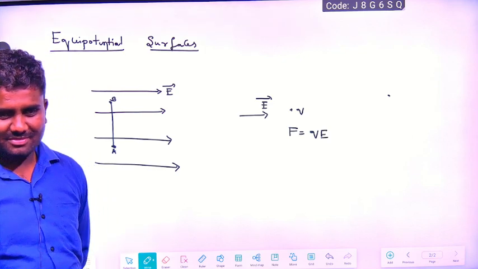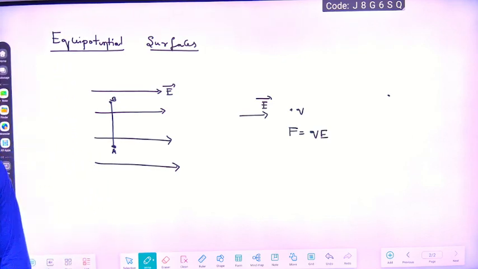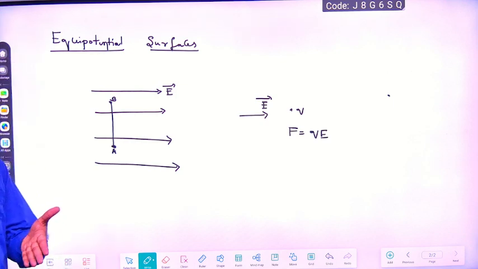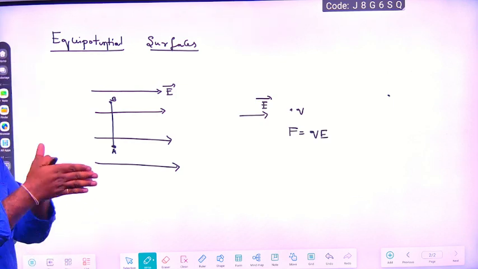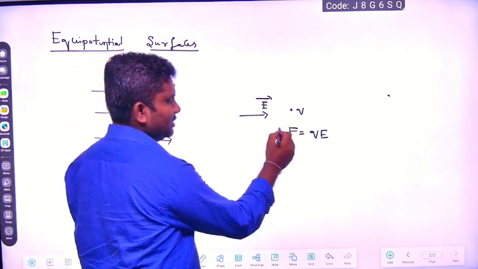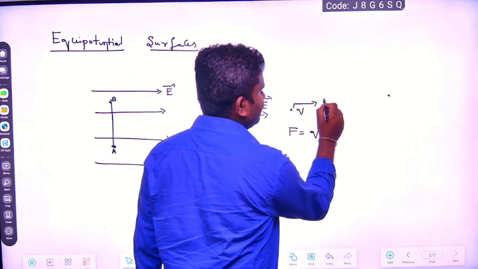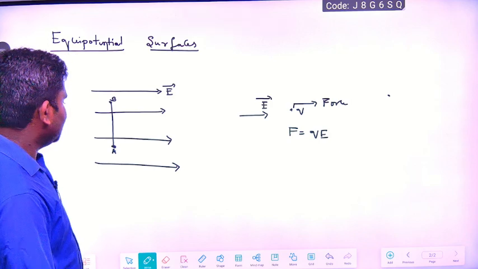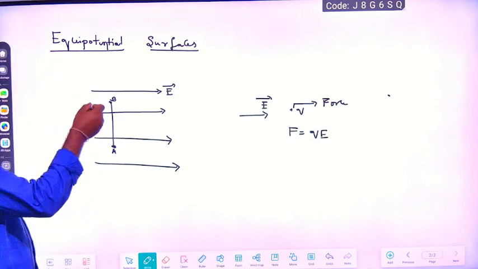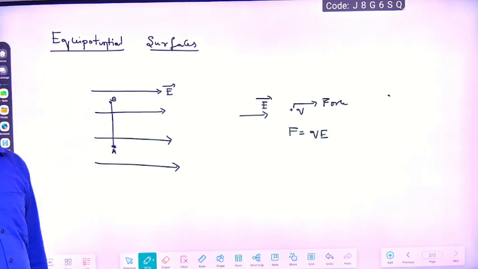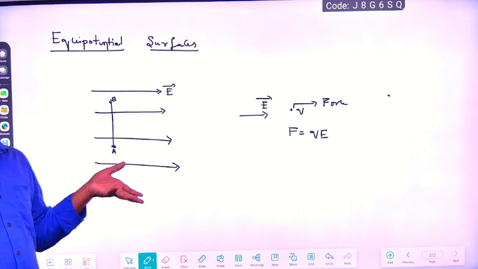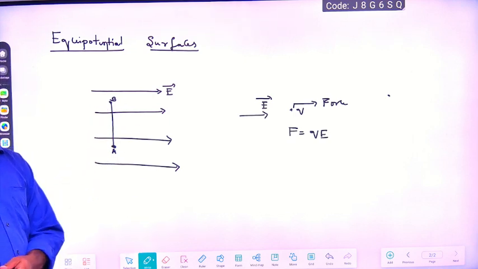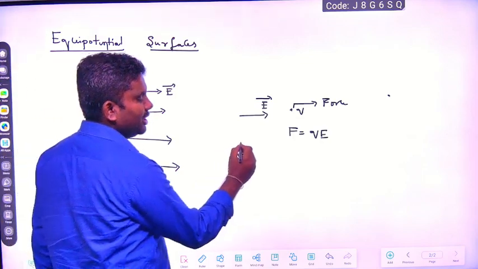If the field lines and the velocity of the charge are in the same direction, then it will experience the force. Force will act. But I will move the charge in the perpendicular direction of the field. Okay, understood?